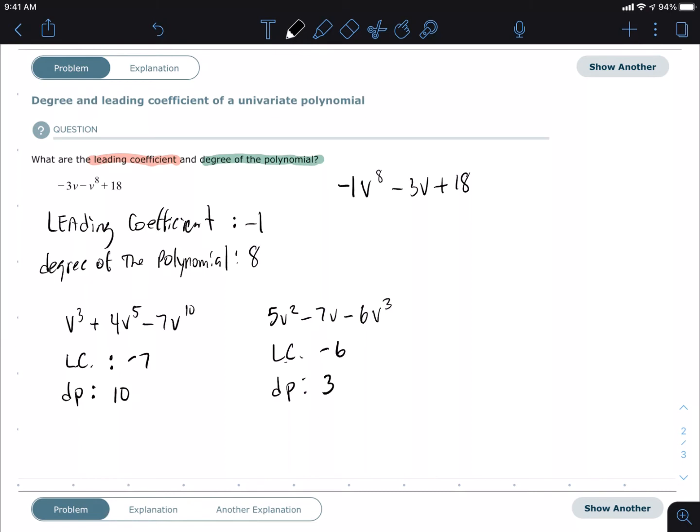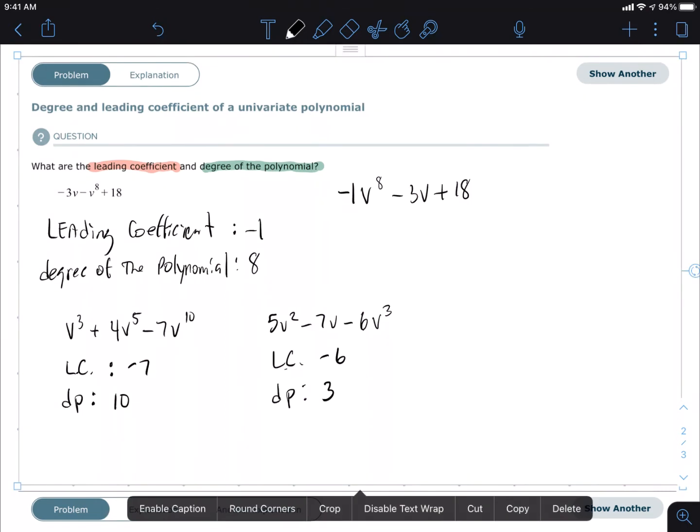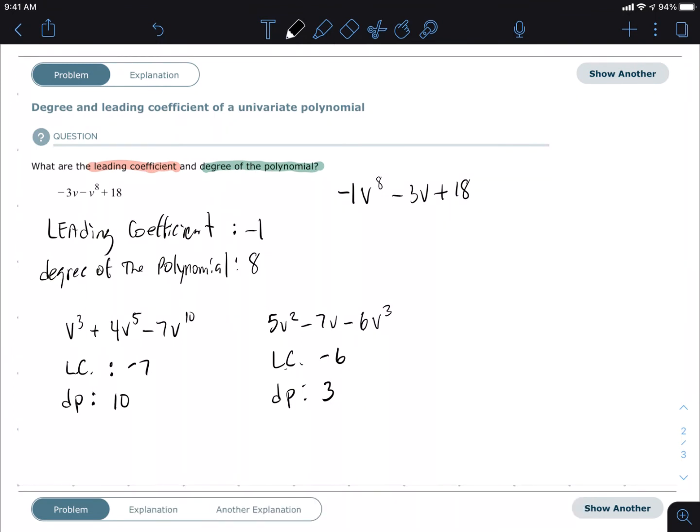So you can see this topic should be one that you guys just go through pretty quickly. If I gave you 6v to the 3rd plus 7v squared plus 4v minus 17, what's the leading coefficient? It should be 6.